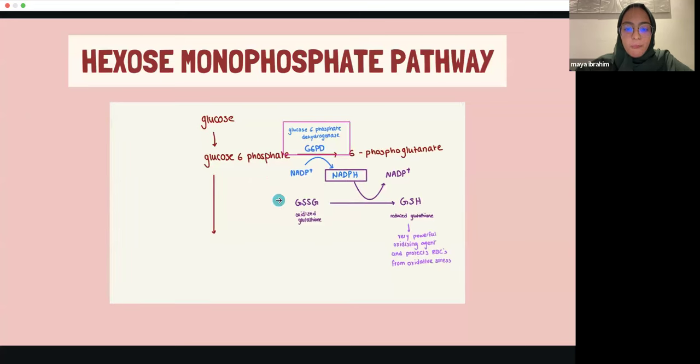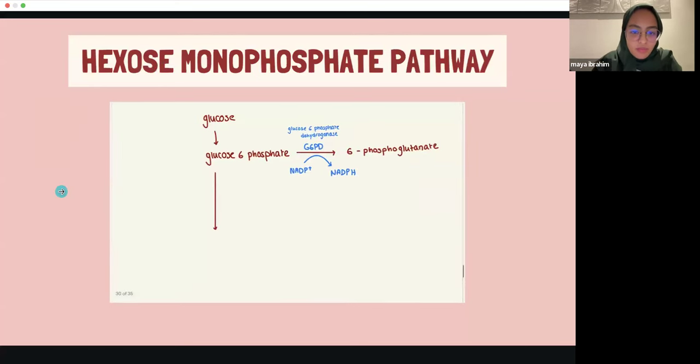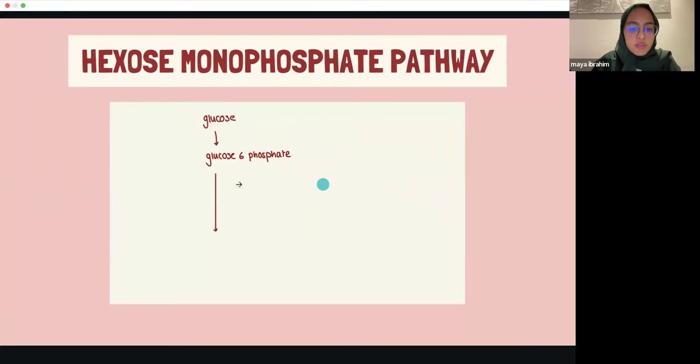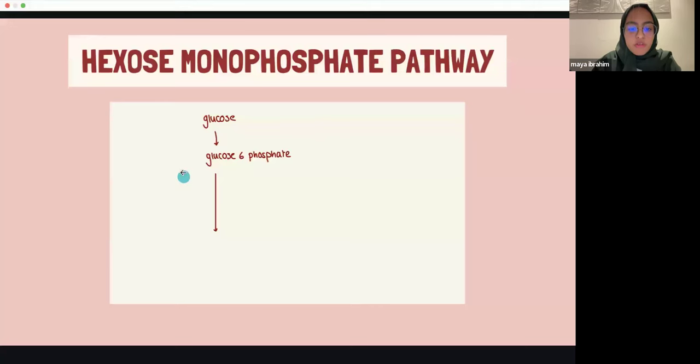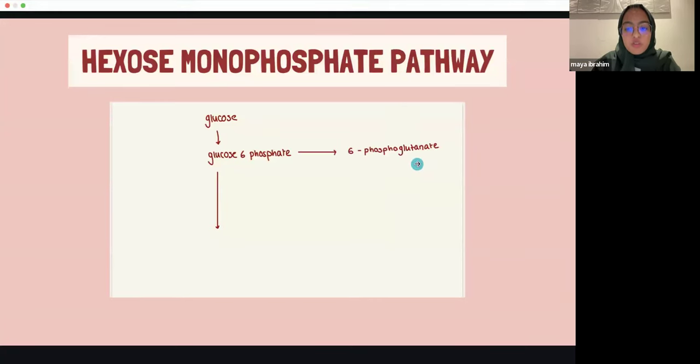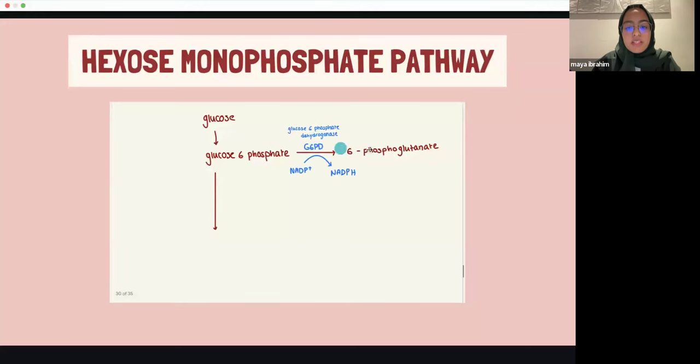So this is a very important enzyme. Can you please repeat a bit slower? Yes, I can. Okay, let's go back. So normally, glucose is converted to glucose 6-phosphate and then goes through anaerobic glycolysis to produce ATP. And in the hexose monophosphate pathway, this glucose is converted to 6-phosphoglutamate through the action of the enzyme G6PD.